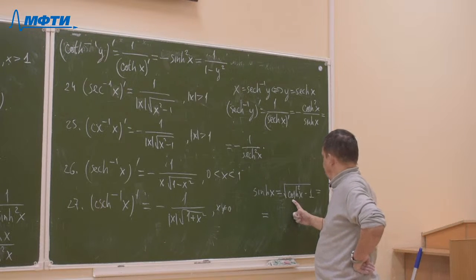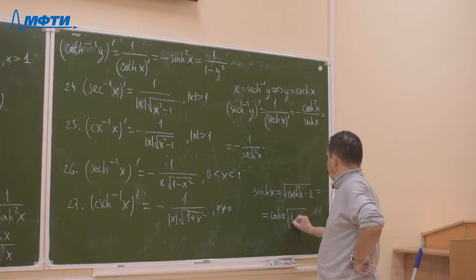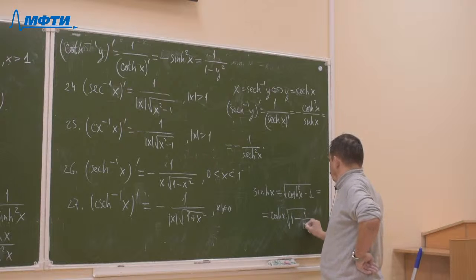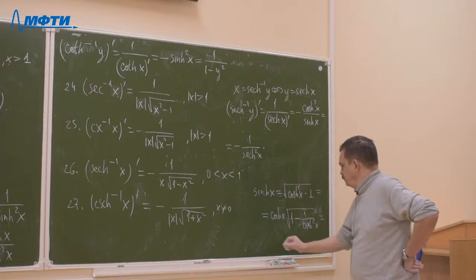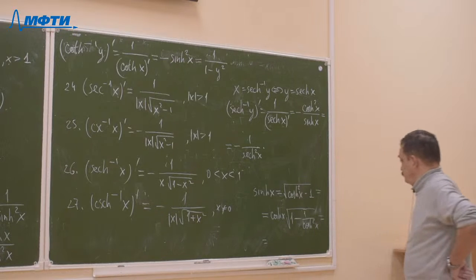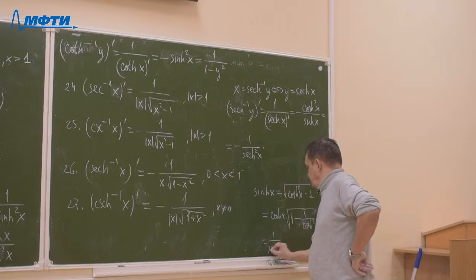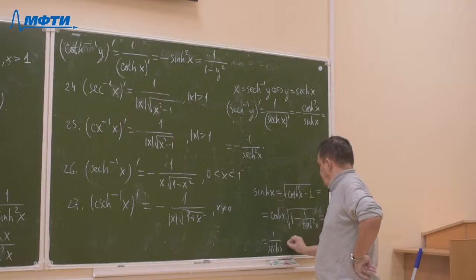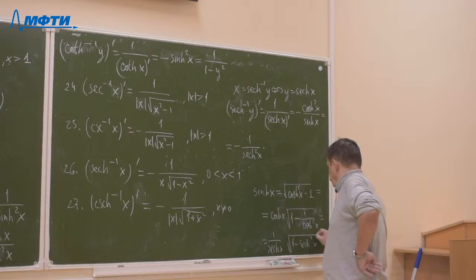I may put cosine hyperbolic x outside the square root and 1 over cosine hyperbolic squared x, and it gives 1 over secant hyperbolic times square root of 1 minus secant hyperbolic squared.